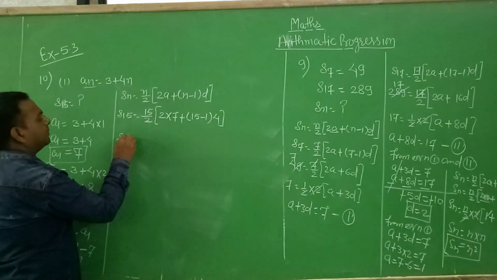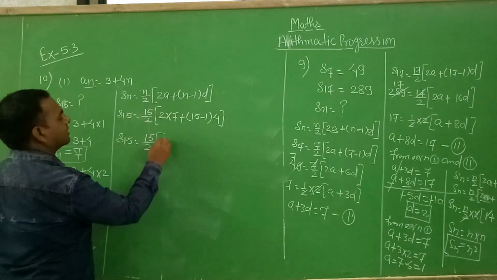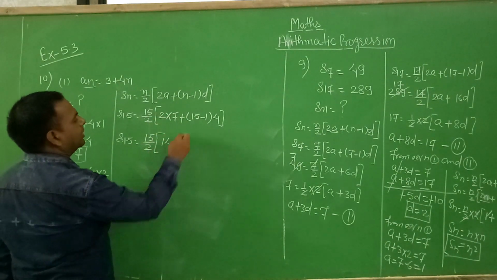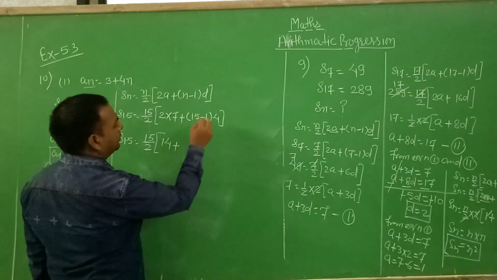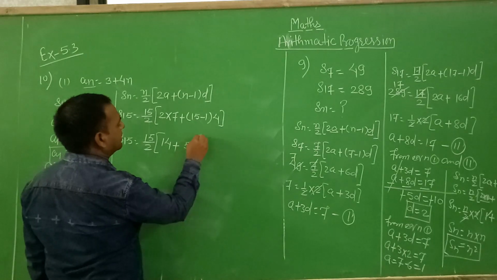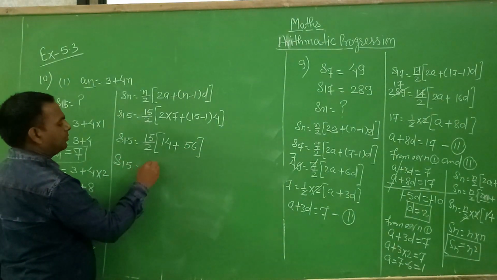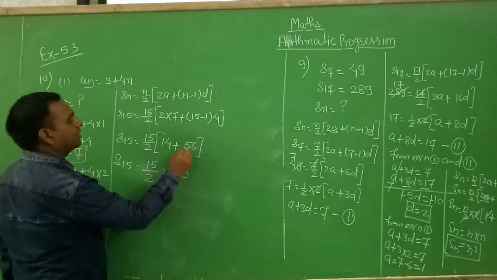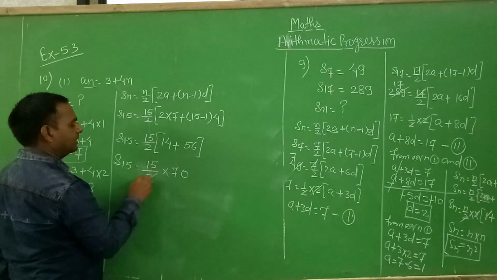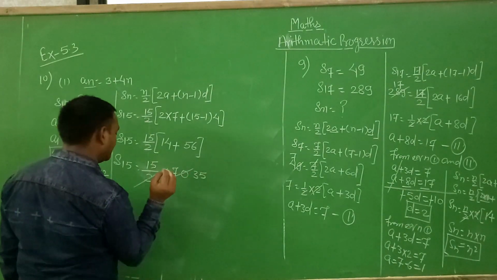Next, S15 is equal to 15 by 2 bracket 2 into 7, which is 14, plus 15 minus 1, which is equal to 14. 14 fours are 56. Therefore S15 is equal to 15 by 2 into 70, because 56 plus 14 is 70. Dividing by 2, 35 twos are 70.